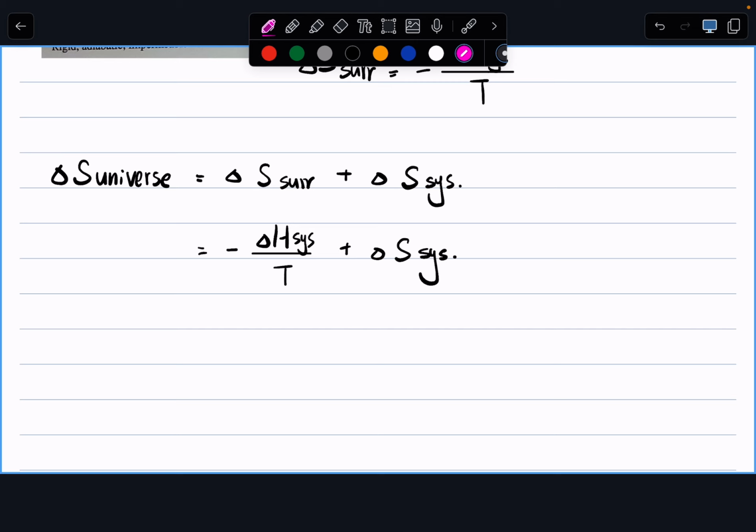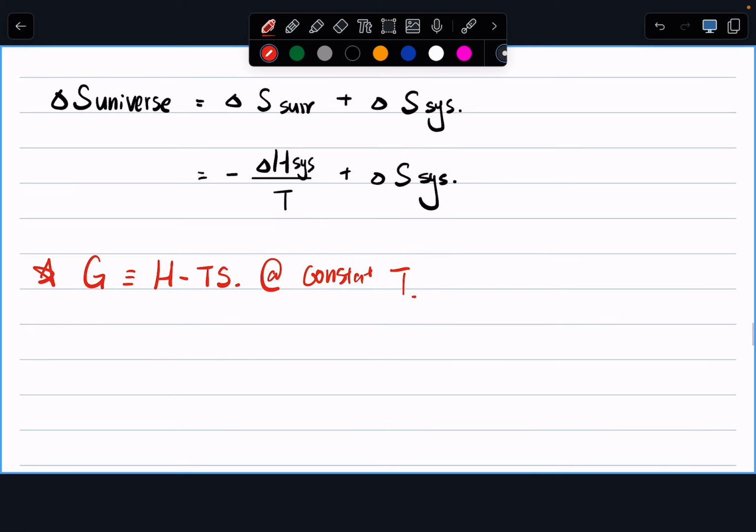We have also defined our Gibbs free energy. Using my definition of Gibbs free energy, G equals H minus TS, at constant temperature, what do we have? We can always write dG equals dH minus TdS minus SdT. At constant temperature, this term goes to 0.